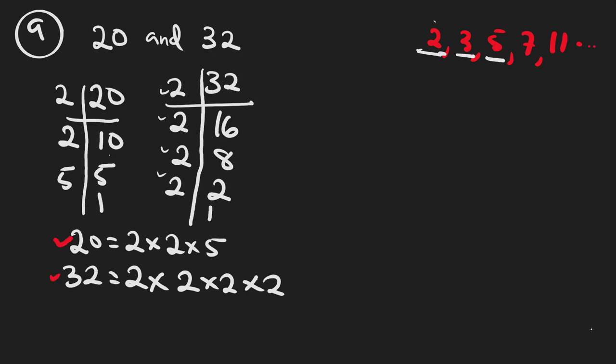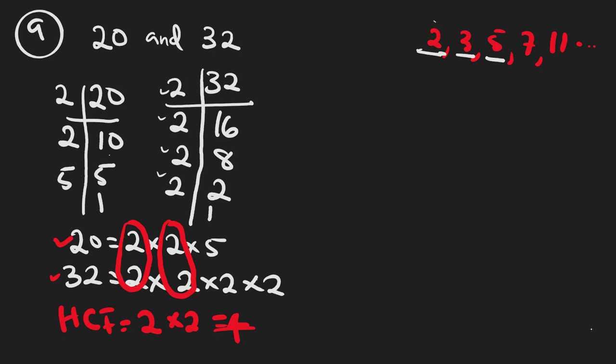We have 2 in common. Can you see? We have another 2 in common. So the H.C.F now is 2 times 2, which is 4. So this is the H.C.F using the prime number method.